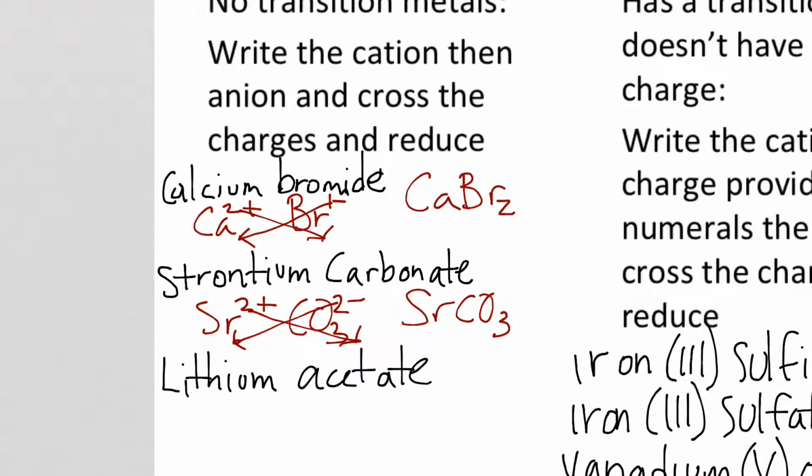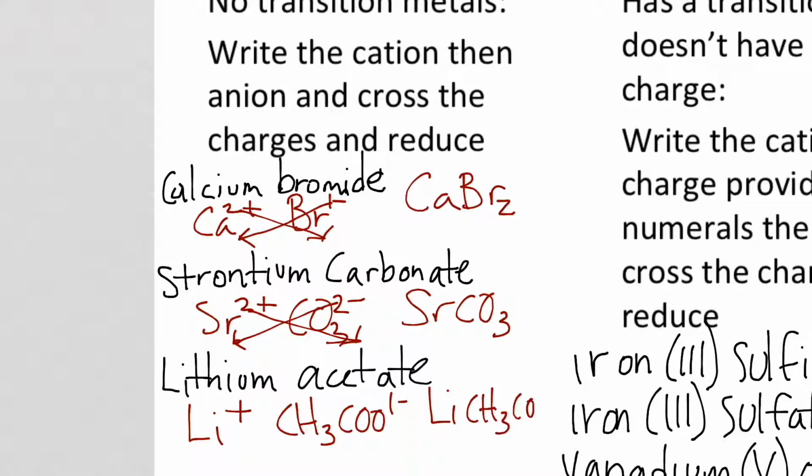Because remember, we have to reduce it to lowest common ratio. Lastly, lithium with its +1 ion. Acetate, CH3COO, 1-. Crossing the charges, you see that they'll just come together as our lithium acetate.